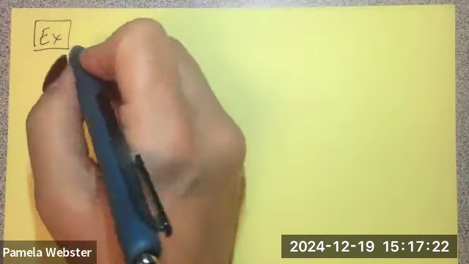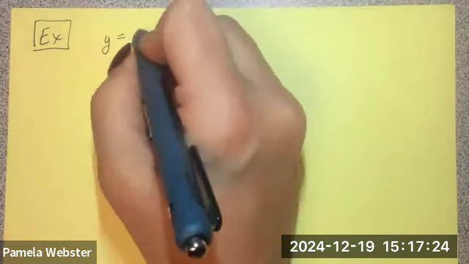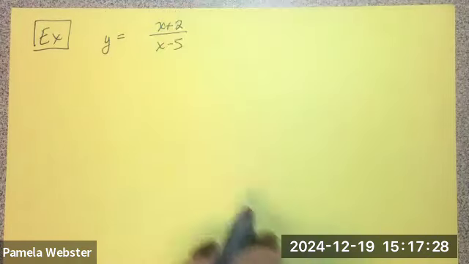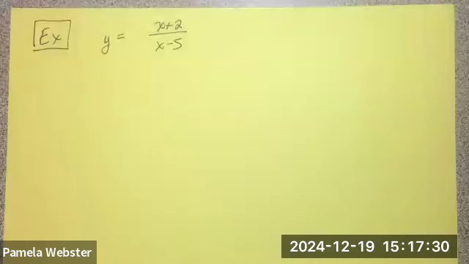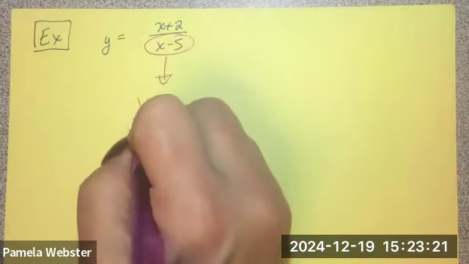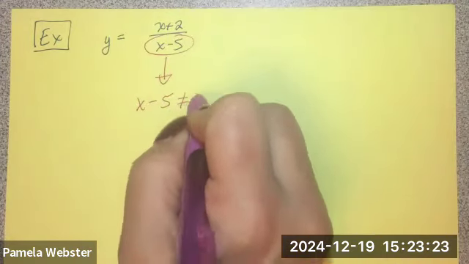Okay, so I have an example. My example is y equals x plus 2 over x minus 5. All right, so let's look at this. When I see this, I go to the denominator and I say, hey, denominator, you cannot be equal to 0. X minus 5 cannot be equal to 0.